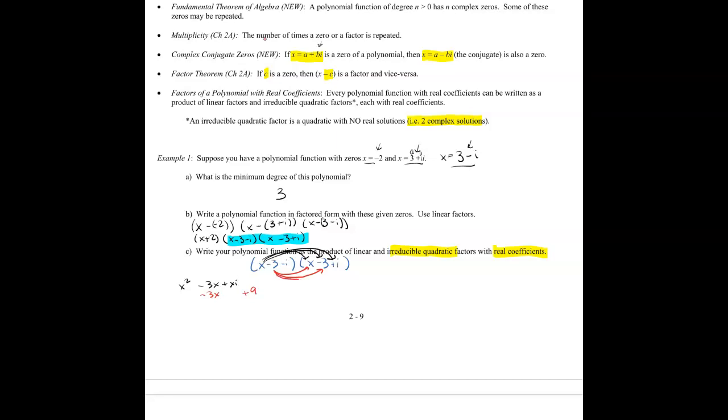Then I get -3 times i, which gives me -3i. Lastly, I take -i times x, which gives me -ix, or -xi. Then -i times -3 gives me a positive 3i. And then negative i times positive i, which should give me a negative i squared.